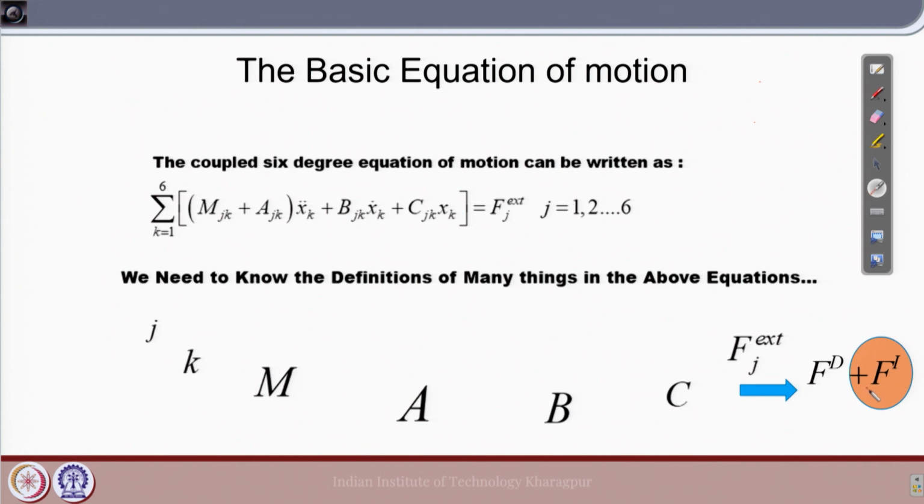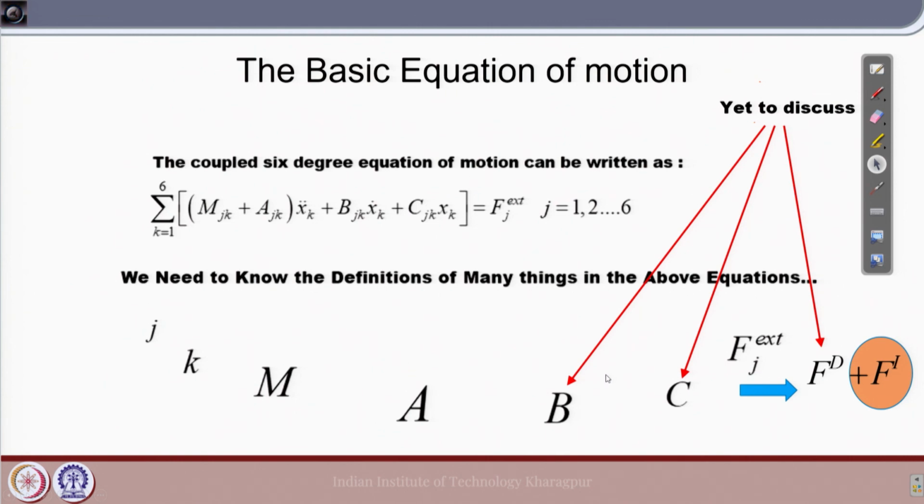Once we get phi I, integrate it, we get this force, but we have not yet discussed the other three things, A, B, C. C we discussed, but we did not discuss the other component, which is basically A. So, discussion of A and B is not yet done. However, discussion of the diffraction force also is not complete, we only discussed the Froude-Krylov force.